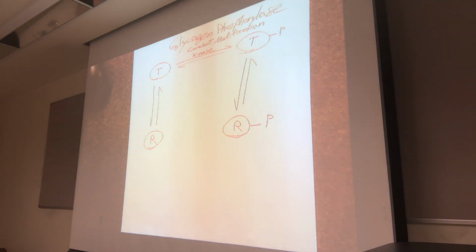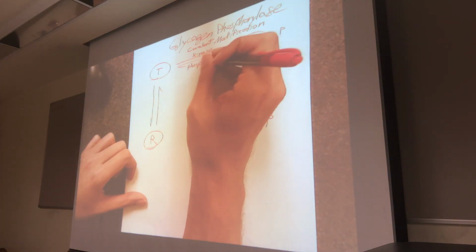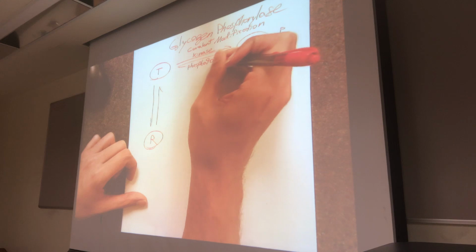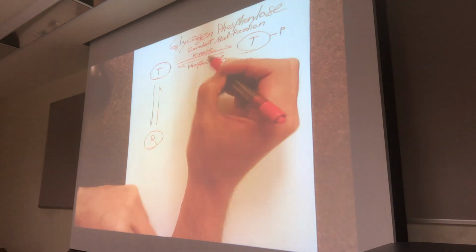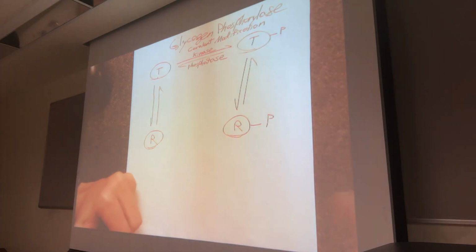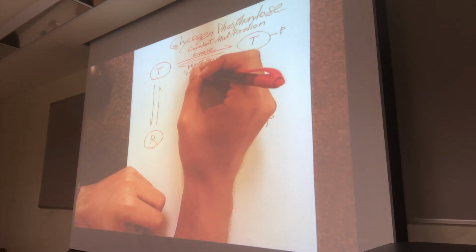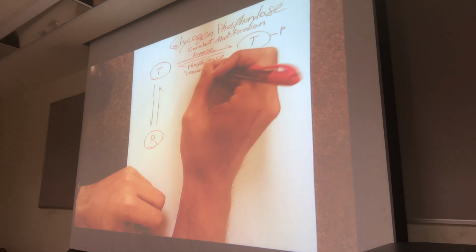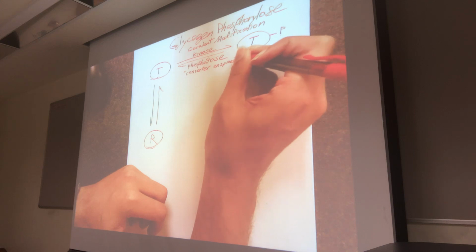What's the one, therefore, that removes the phosphate? Phosphatase, exactly. Something phosphatase, it removes it. Each of these enzymes, the ones that are doing the modifications, are called converter enzymes.